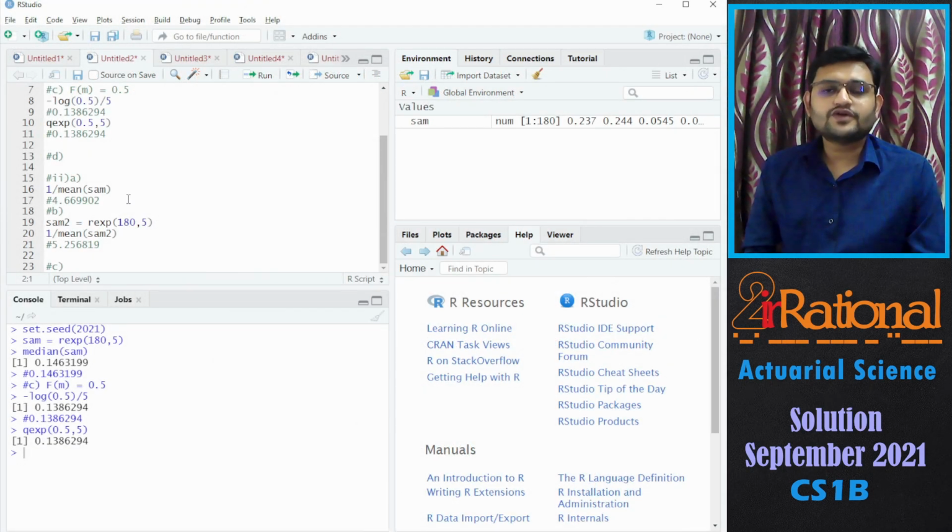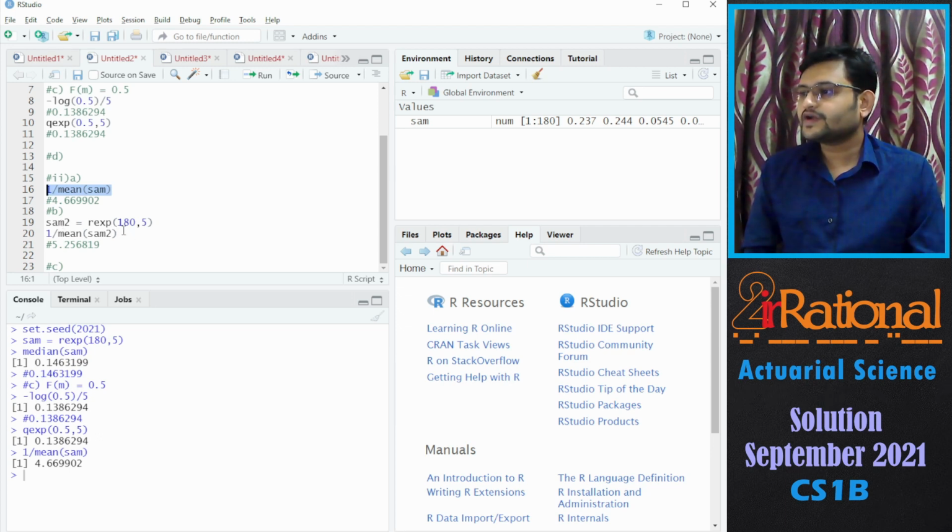So for the first part, we'll just take 1 by mean of the sample. So if I run this, this is the value that we'll get, 4.66. So it's nearly 5. Of course, it's different, but you can say it is because of a specific sample and the sample being small.